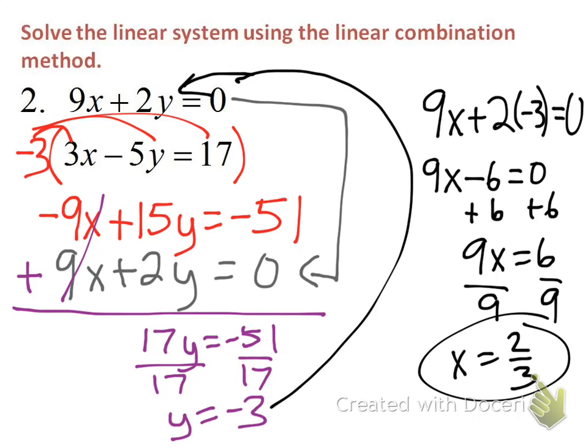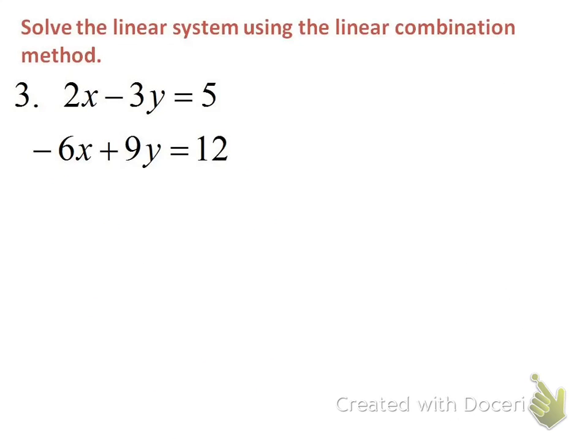So I'm pretty sure my answer is 2/3, negative 3, but of course I'm never satisfied until I check. If I plug it in here, that would give me 6 minus 6 equals 0. If I plug it in here, it would give me 2 minus negative 15. That does equal 17, so this is definitely my solution. What are your questions on number 2? Do you guys see any opposites?